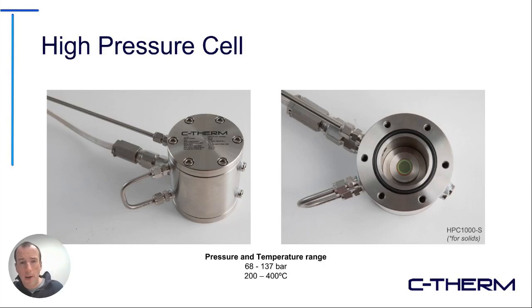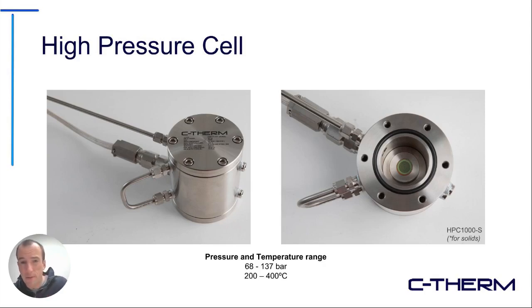Okay, just before I pass this on, this is a close-up view of the high-pressure cell. Now, these can come in some different formats. So there are some different designs available depending on whether you're working with a solid or a liquid material, and the specs range a little bit based on those nuances. But this is essentially what it looks like. So inside, you can see the green chip.